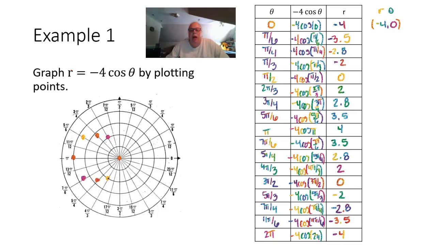Then at 2 pi, instead of moving forward 4 circles, we go backwards 4 circles because of the -4. So this picture will draw a circle. That should look more circular than that, but anyhow, it's going to draw a circle, kind of like that.